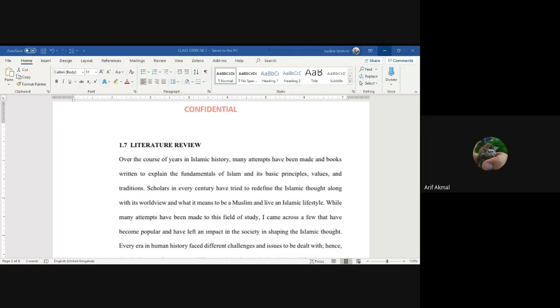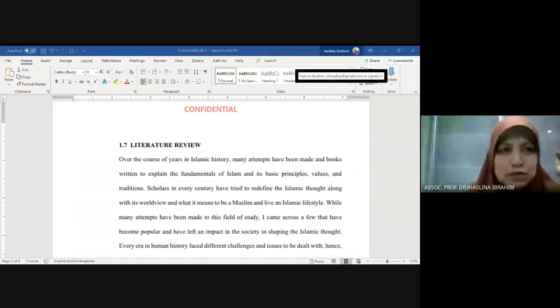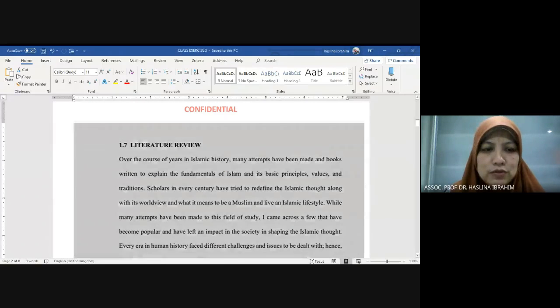I'm not sure if you can read it very clearly, so I'll be reading on my desktop. But I cannot see what your view is. You cannot see the whole text, can you?